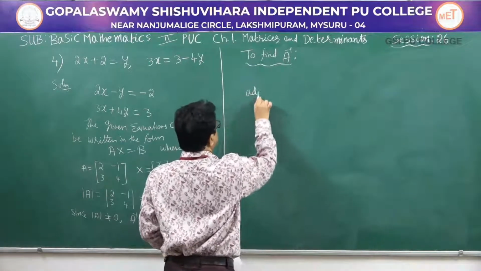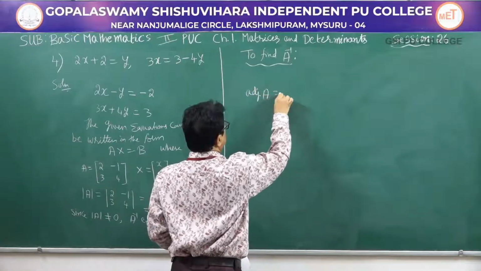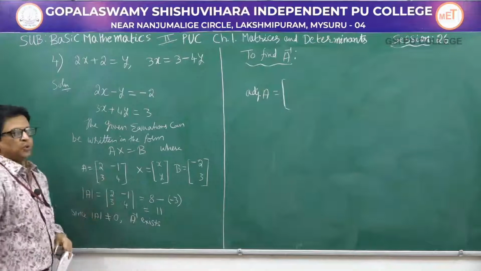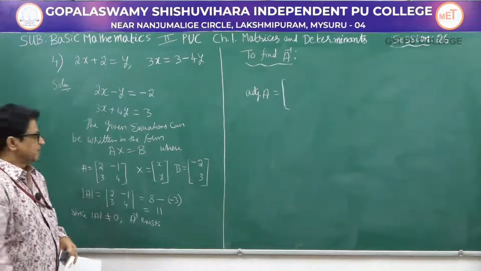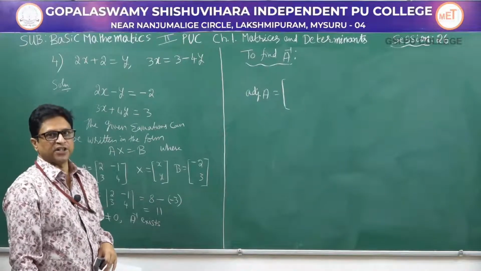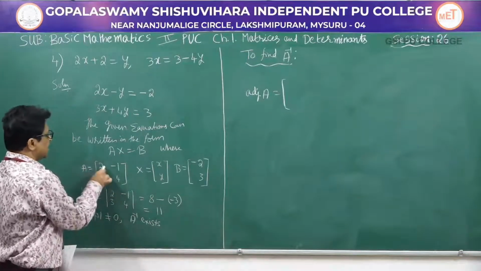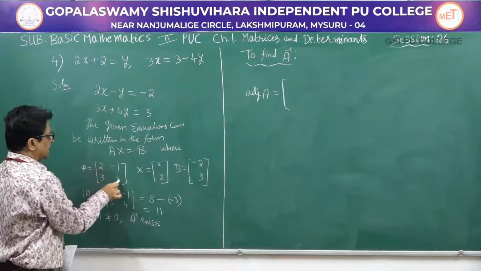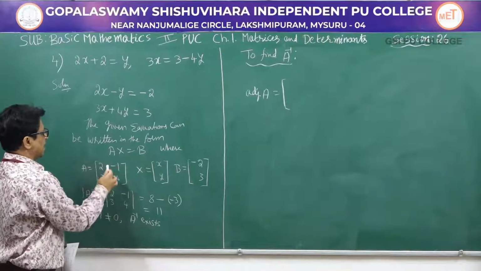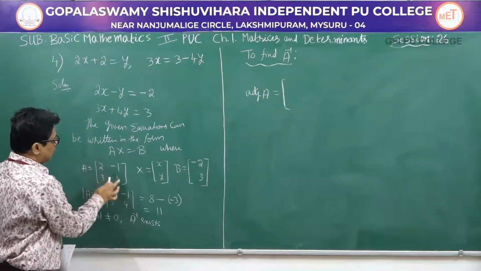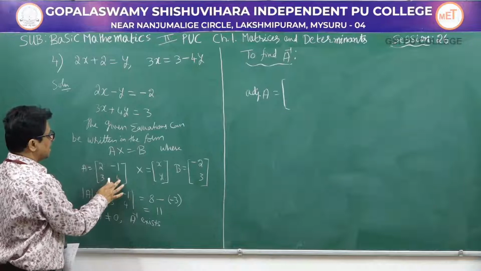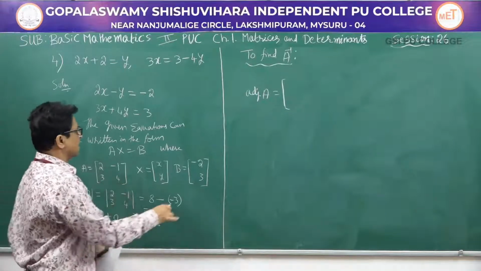So adjoint A equals, here the matrix is a 2 into 2 matrix. Therefore we can find adjoint A by using inspection. So interchange the principal diagonal elements and change the sign in the other diagonal.